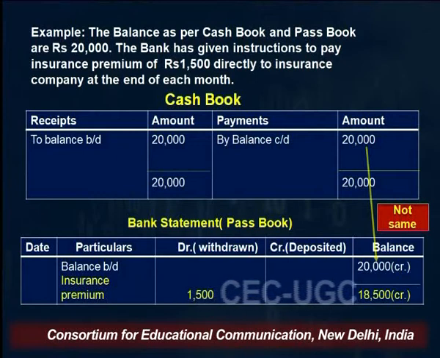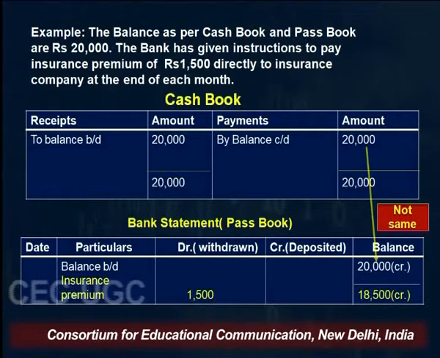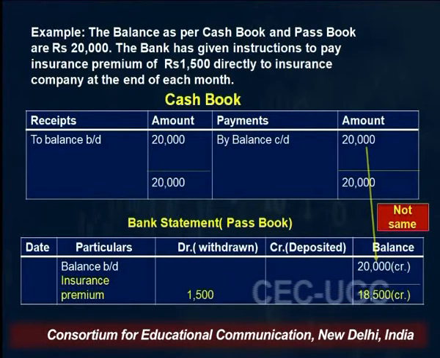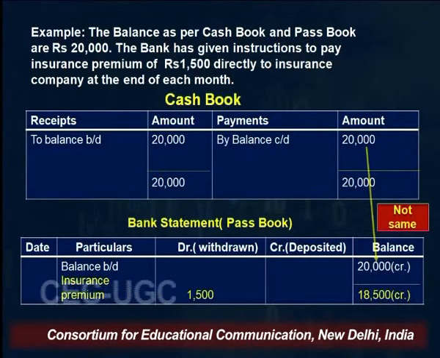So this was deducted from our bank account as we have given the standing instruction to our bank, but this was not recorded by us, and as we maintain the cash book, this entry was not recorded by us, so there is no entry in the cash book. But the passbook depicts here that there is a debit entry.